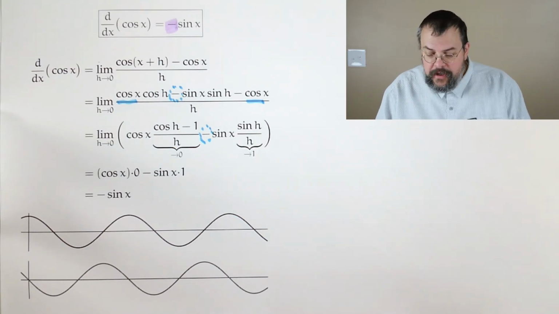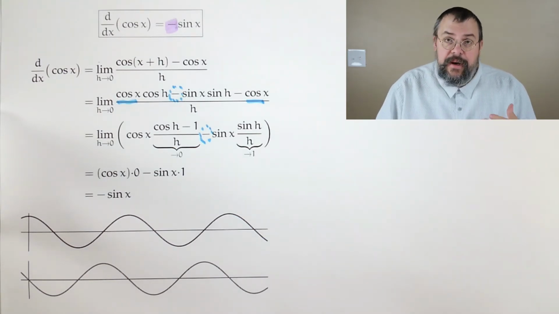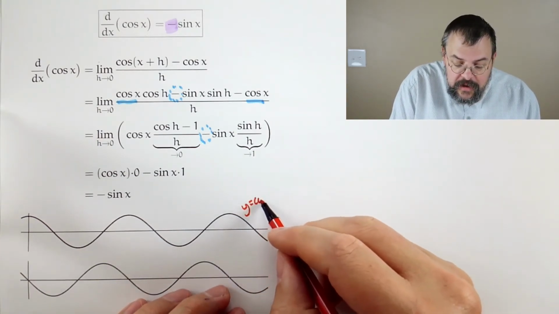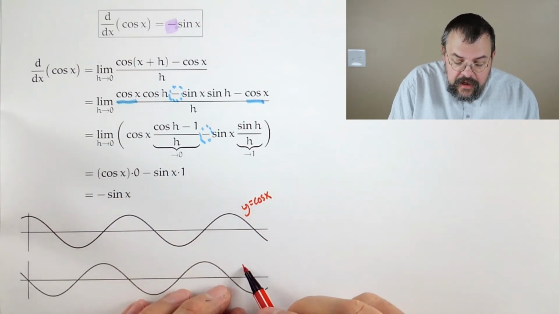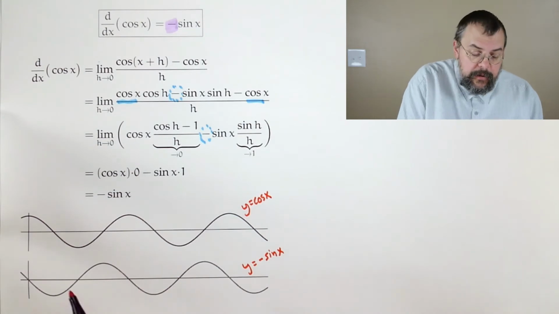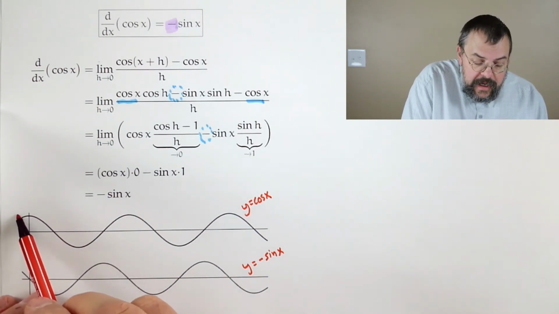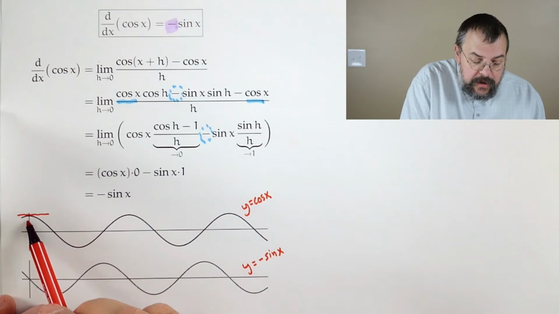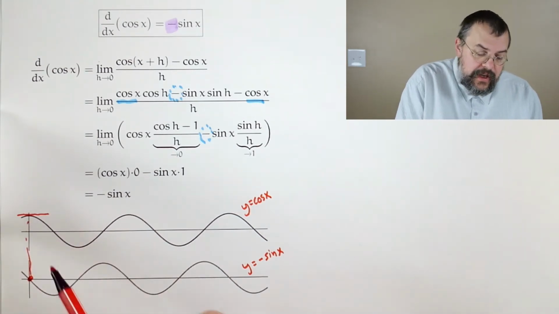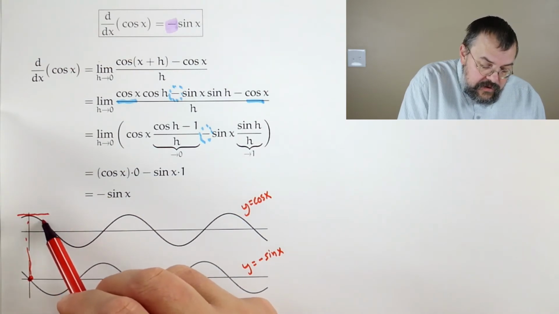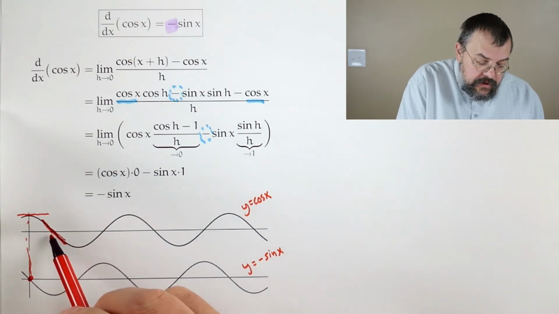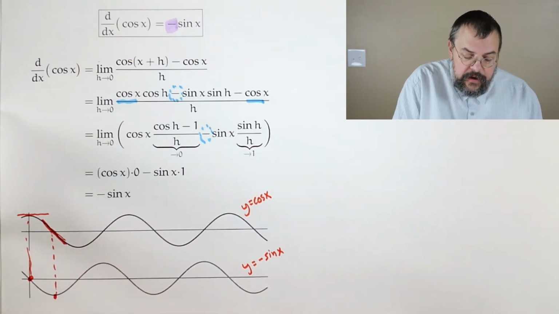All right, well, again, let's think about the pictures. This first curve is the cosine curve. And this second curve is negative sine. And now we can, again, think about what's happening. At 0, we have that flat tangent line. Well, that should correspond to where the derivative is 0. All right, that's good. And then we're negative. For instance, here, we have a relatively negative slope, so the derivative is fairly negative.